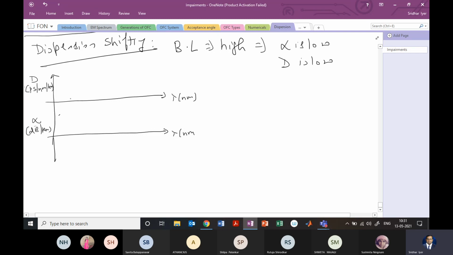Let us have some wavelengths: 1300, 1400, and 1500. I'm not drawing the lower wavelengths like 800 and 900 because we know what happens there.